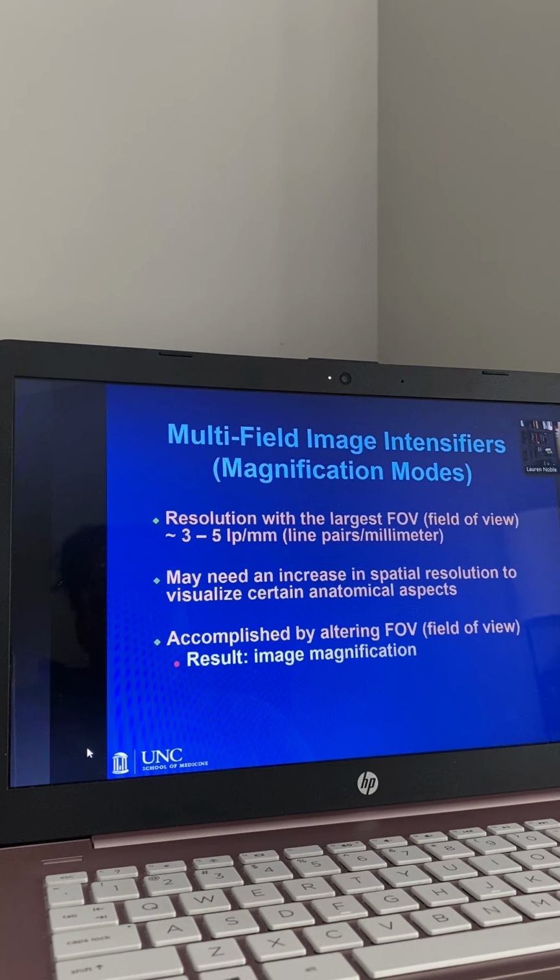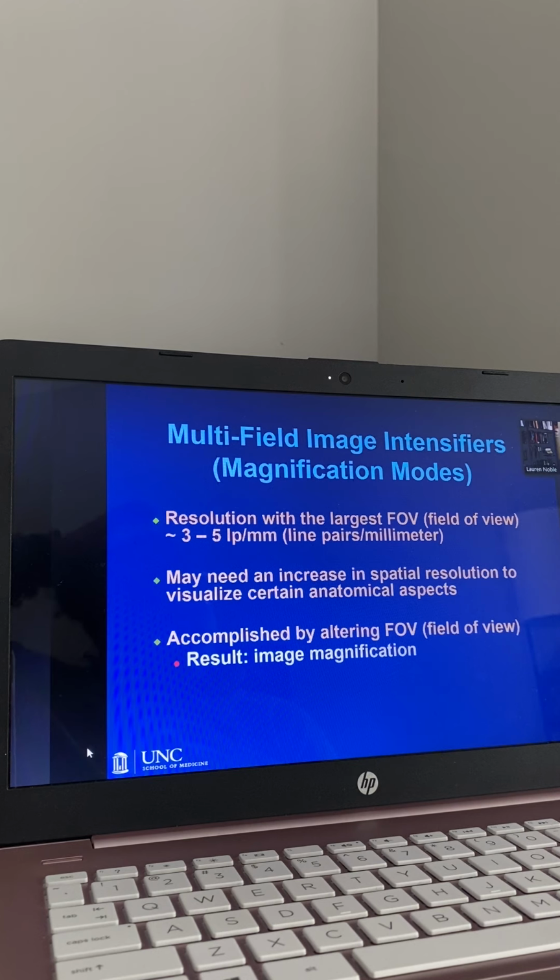So that's sufficient to see large structures, but if you really want to see more detail, then we need a little better spatial resolution. So what the radiologist would do, at the push of a button, is put this image intensifier into magnification mode so that the spatial resolution will be better.